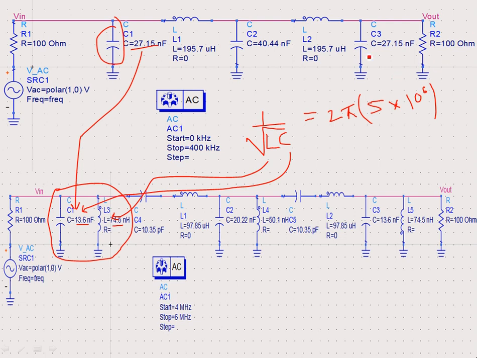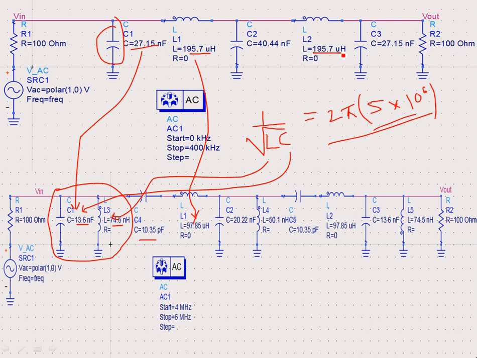and this combination is going to resonate at 5 megahertz, and you have to do this for all the rest of the elements. For example, the series inductor is 195.7, and half of this value is 97.85. Then the corresponding C has to be calculated using the same resonance formulation, and this is repetitive.